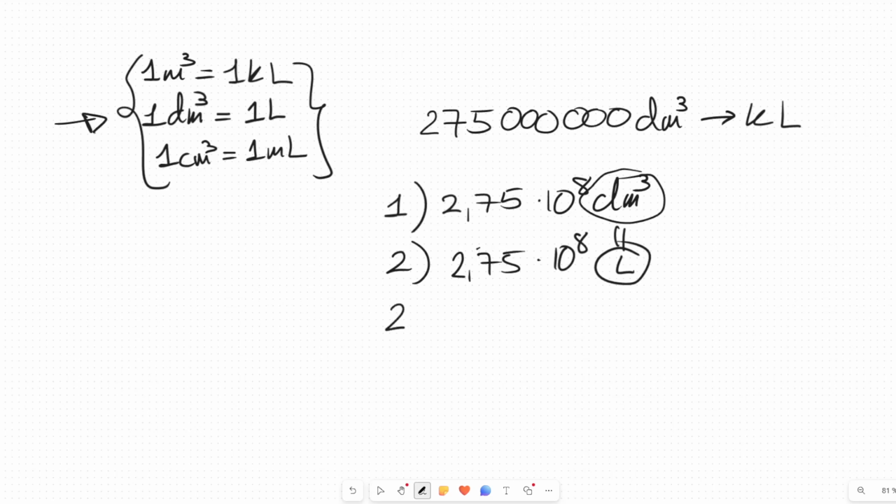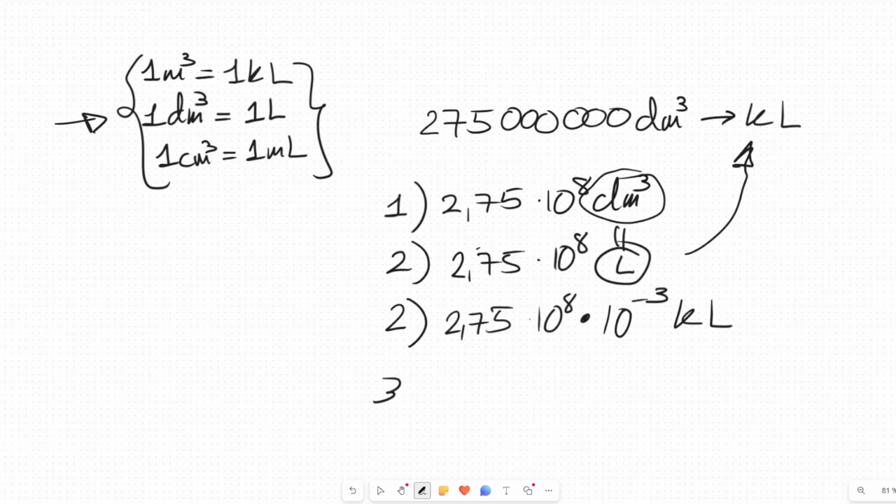And finally, I will have another step, which would be converting from liters into kiloliters, as we already know how to do. We would do 2.75 times 10 to the power of 8, and we will add the equivalence between the liter and the kiloliter, which is 10 to the power of minus 3, because we're moving to the left. We will make the multiplication, and we will get 2.75 times 10 to the power of 5 kiloliters.